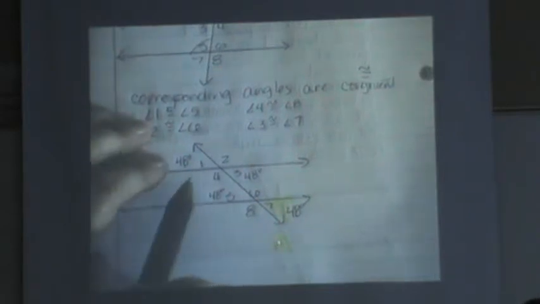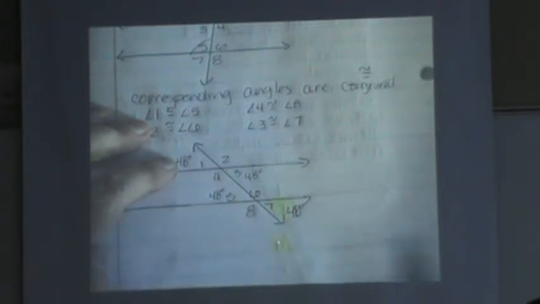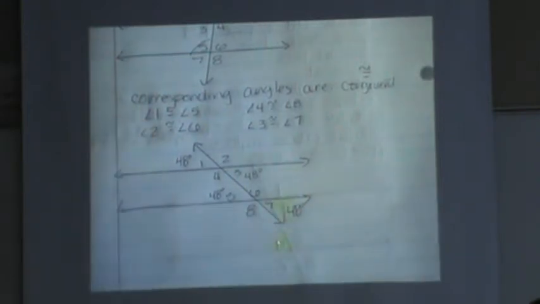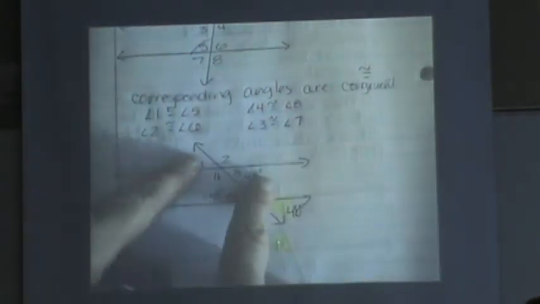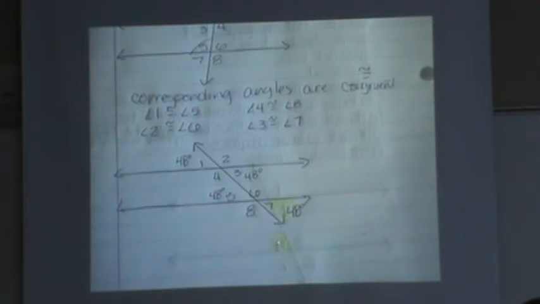Good. So why can we say that angle 1 and angle 3 are congruent? What is the relationship between these two angles? They're both acute. Well, they're both acute, but I want you to think about something from the last section. What kind of angles are they? Starts with a V. Vertical. Vertical angles.